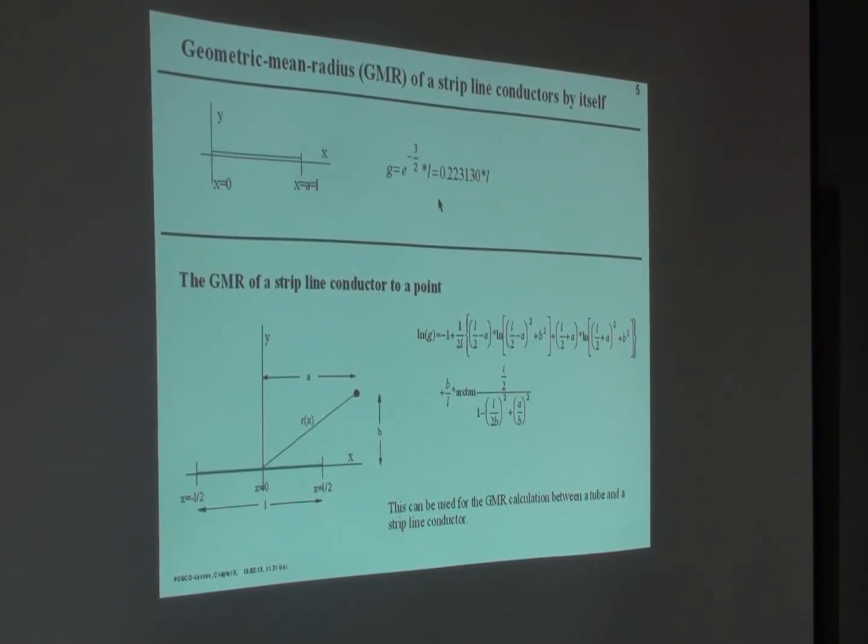Then you can get ln G A2 to A2, is minus, plus, I have to say it, 1.5 plus ln. Okay, that's on itself.